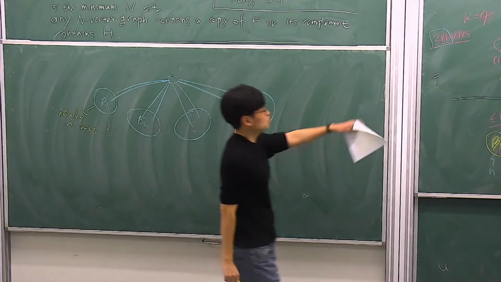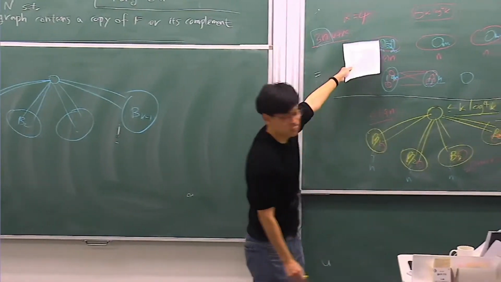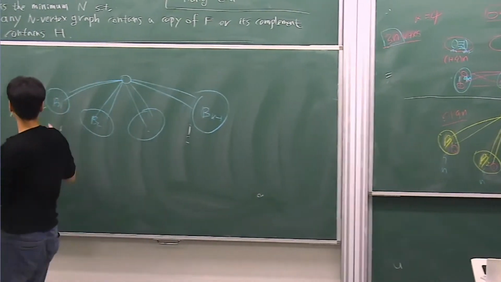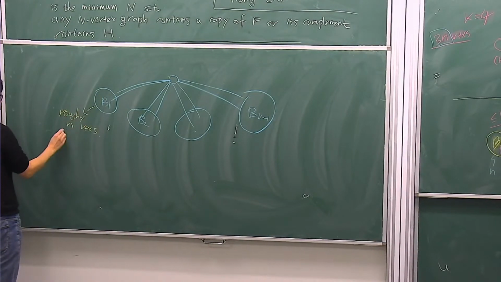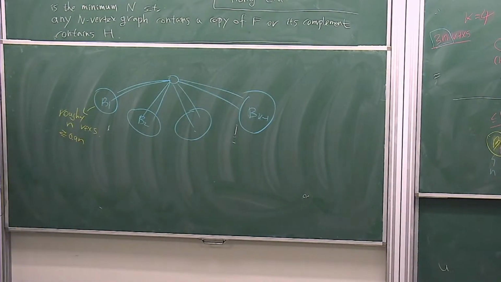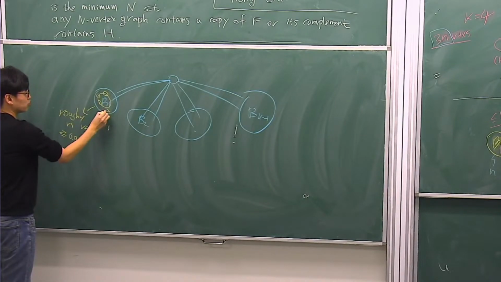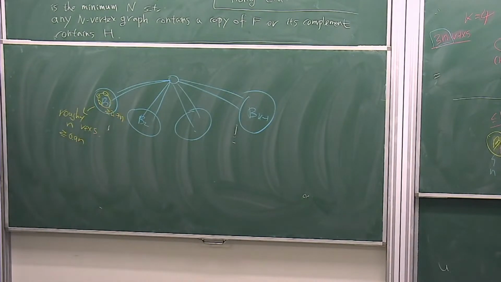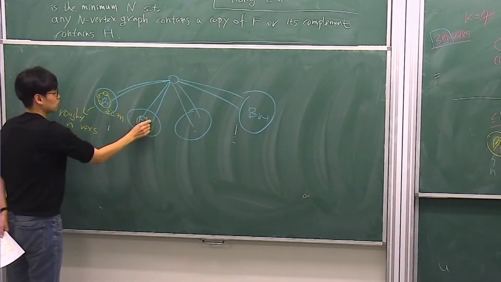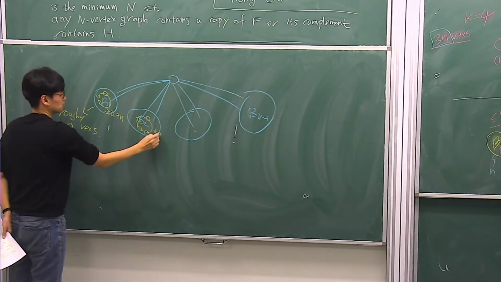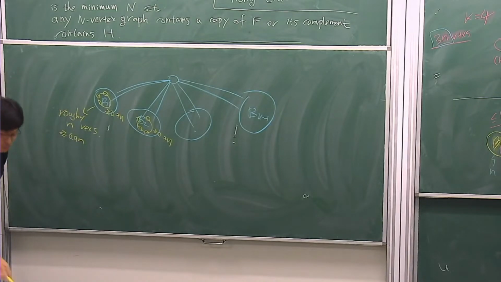But now, again, due to what I deleted, we know that this one is at least 0.9n, right? That means we can find the adjusting cycle of length at least 0.7n. And here also an adjusting cycle of length at least 0.7n.